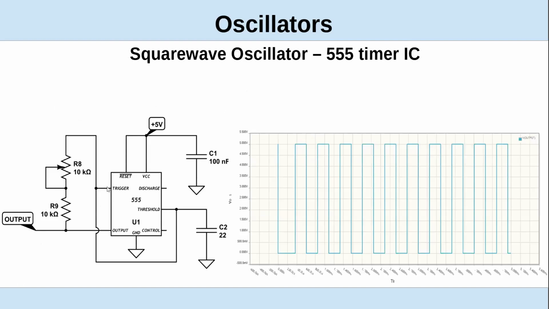The other thing we can do is buy a thing called a monostable or astable multivibrator. The typical one you see is a 555 or some variant of it. It works by charging up this capacitor that you add through this resistor network that you add, which gives you an RC time constant.